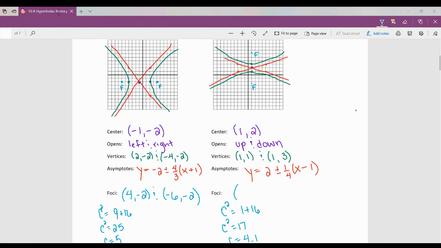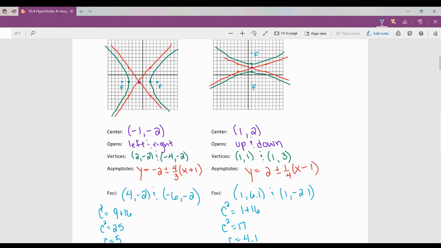So it's going to be at 1 comma, and 4.1 up is 6.1, and down 4.1 is going to be 1 comma negative 2.1. Oops, sorry, 2.1, my bad. Okay, and that is where my foci are located.